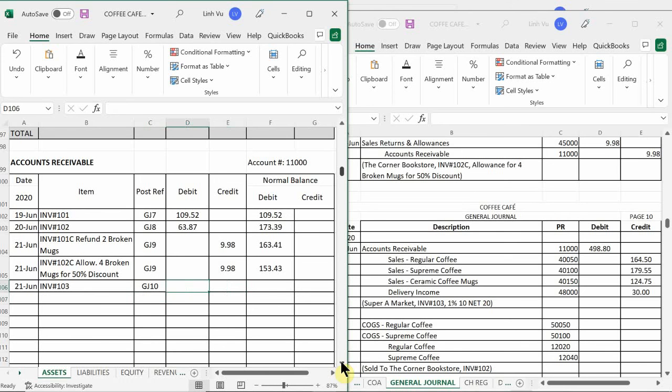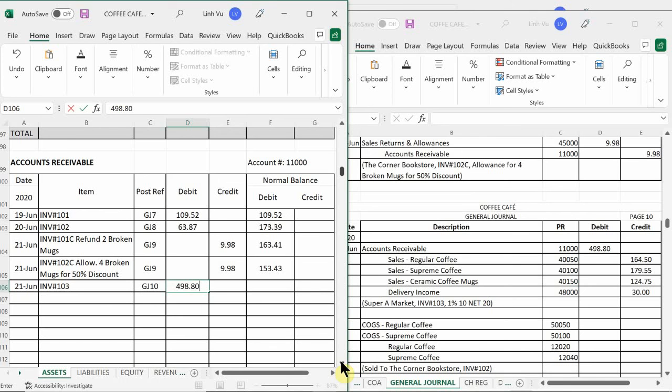How much does Super A Market owe me? $498.80.